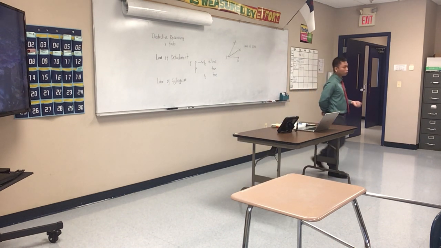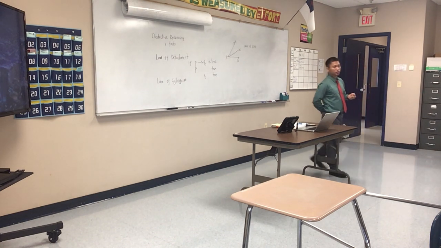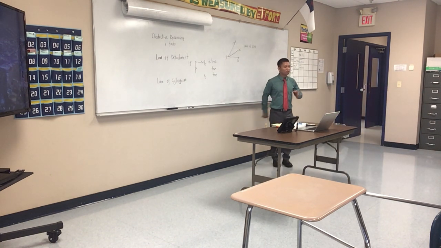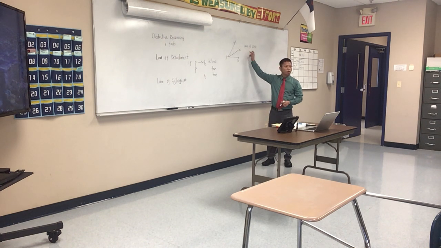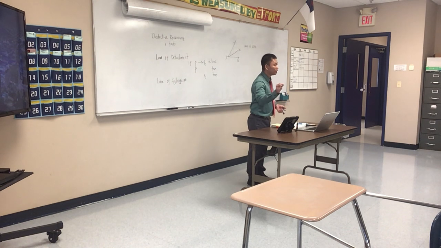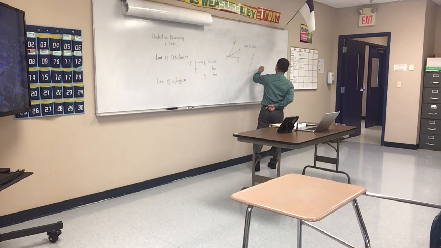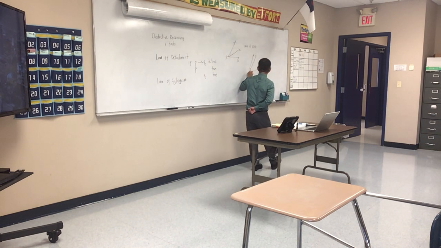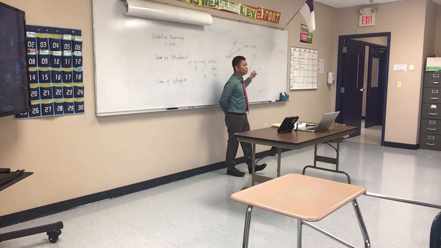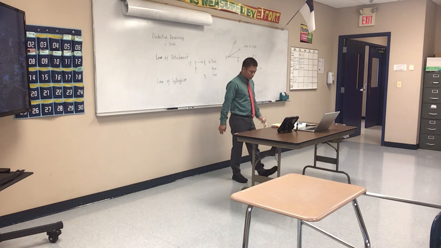Can we conclude that ray RS is an angle bisector? Not totally. It should have the word congruent, because we cannot say that they are congruent. We can say that it's an angle bisector, but we are not sure if they are congruent, because as you can see, these angles can be divided, but we can have different measurements.